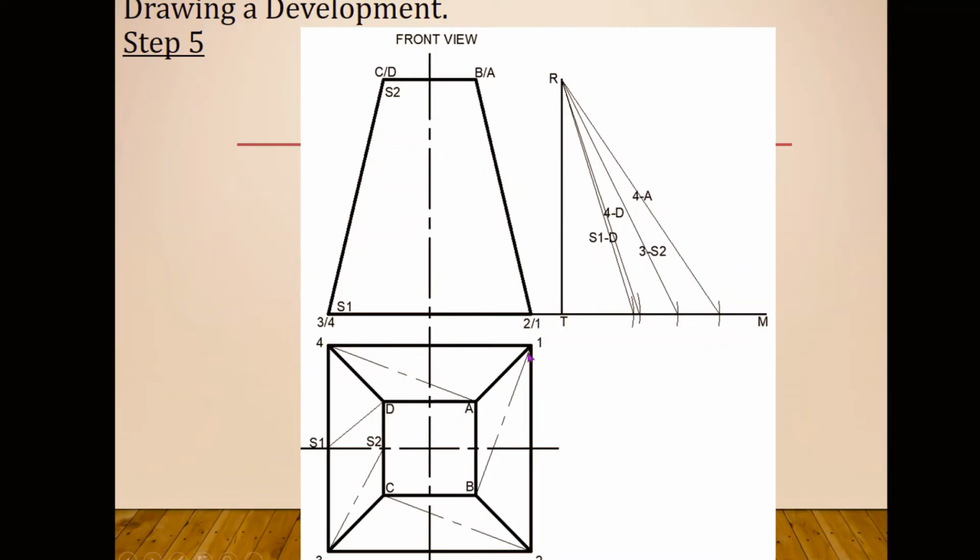Why are we not constructing true lengths for lines such as line 1B, DA or AD?